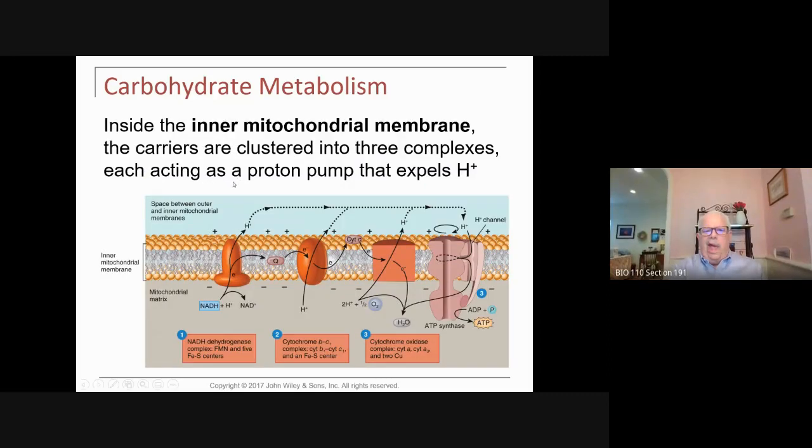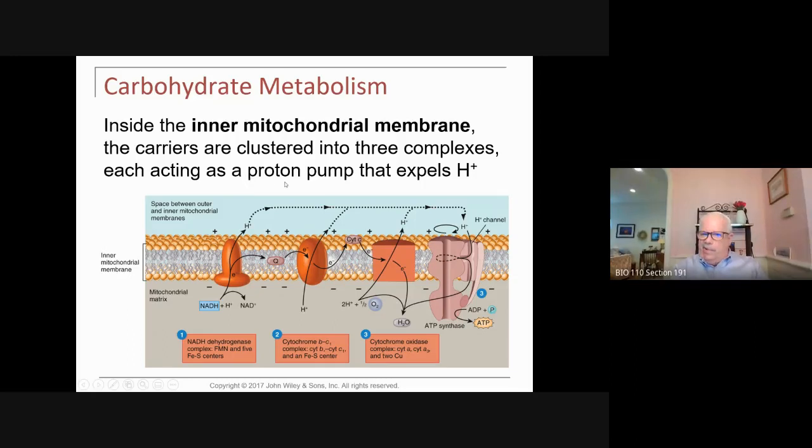Okay? The electron transport chain is in the inner mitochondrial membrane. Remember, the Krebs cycle is in the matrix. But when you get into the inner mitochondrial membrane, that's where the electron transport chain happens. And in this chain, there are complexes that act as a proton pump.